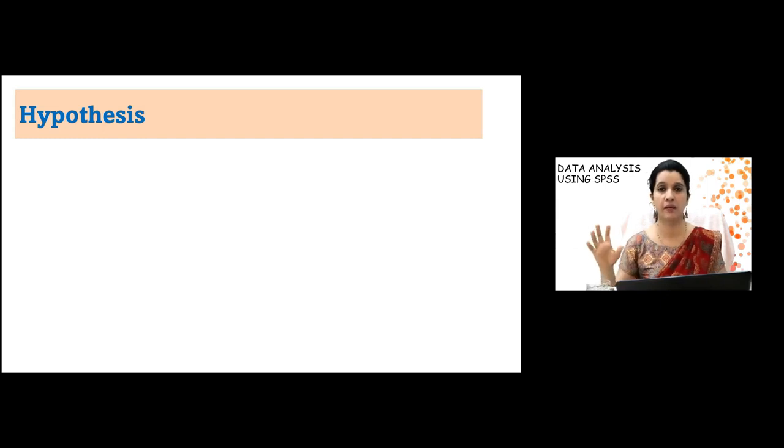Because our basic aim is that we should be able to generalize the findings of our sample statistics. That's our overall aim. So if we are not fulfilling that aim, the purpose of our research will not be met. I hope I'm clear. If not, then a few of you may ask questions, and then I'll go ahead with this.